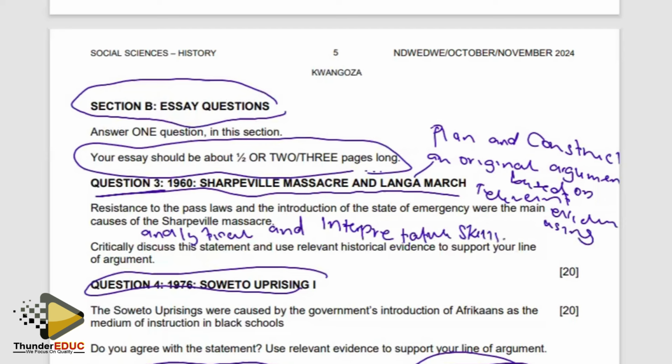So here you need to plan and construct an original argument based on relevant evidence using analytical and interpretive skills.